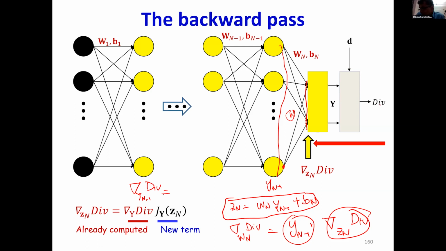This is going to be the derivative with respect to y is going to be the derivative of the divergence with respect to z, times the derivative of z with respect to y. Is that not correct? Vibha? Yeah. Right?